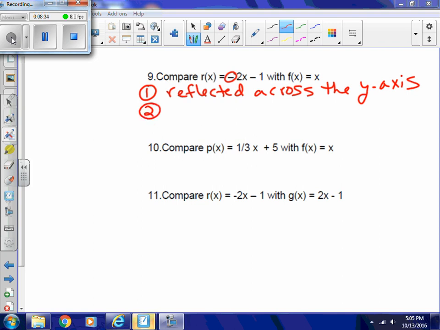Because of the 2 in front of the x, the slope is 2. I know that the graph of r of x will be vertically stretched. It'll be steeper. It is preferred that you use the verbiage vertically stretched.